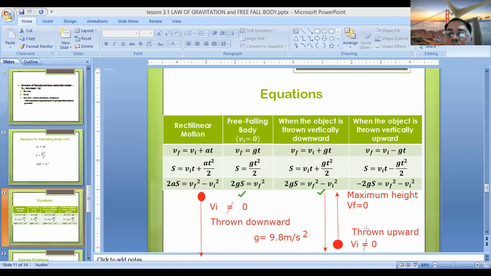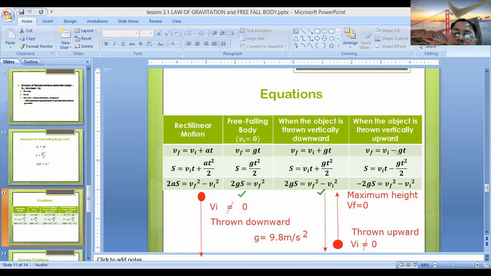So a body that is thrown upward will behave the same as a body that is simply dropped, upon reaching the maximum height. So again, in these three instances, letting it drop, throwing it down, or throwing it upward, these are all phenomena that we call a freely falling body.